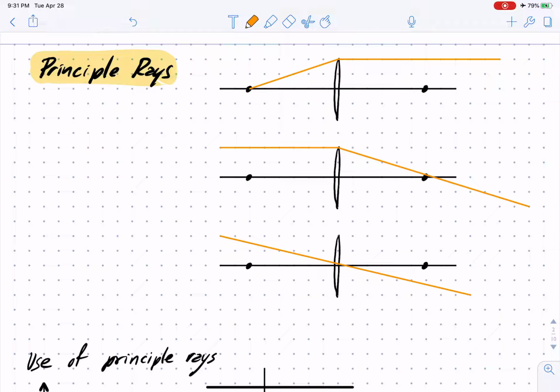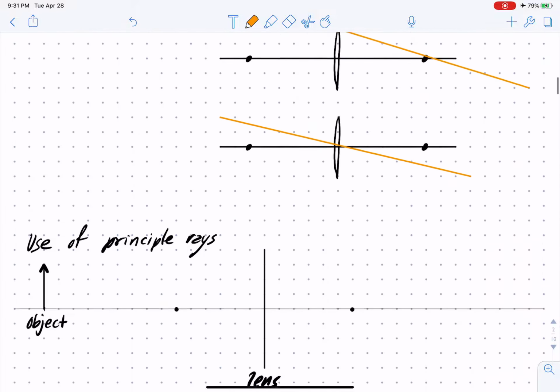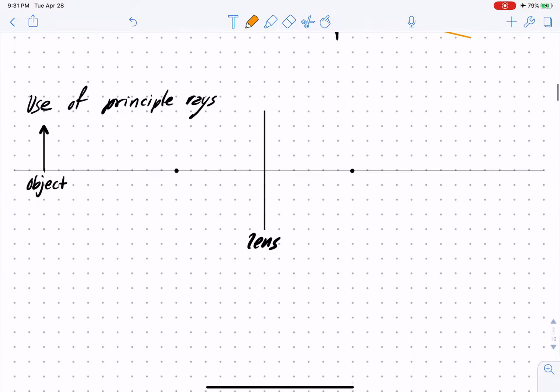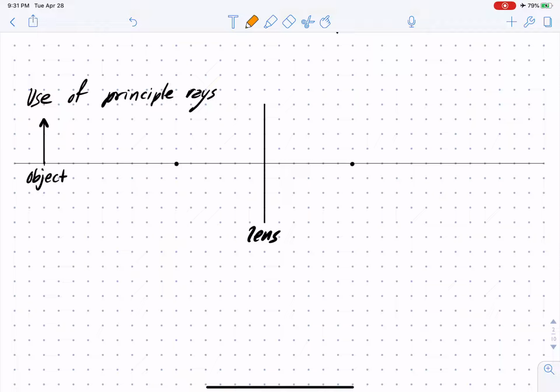Now we're going to use these principal rays now to try to construct an image. So we put an object here and a lens. We draw the lens now as just a line just to make it easier. That equation we had before was called the thin lens equation because it ignores the thickness of the lens actually.